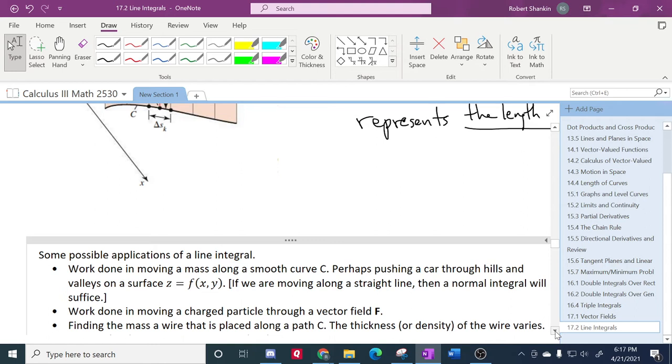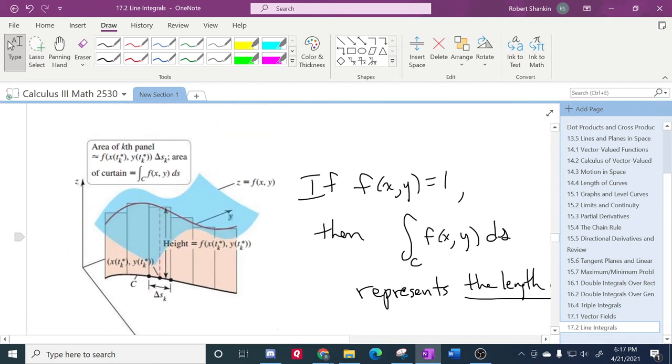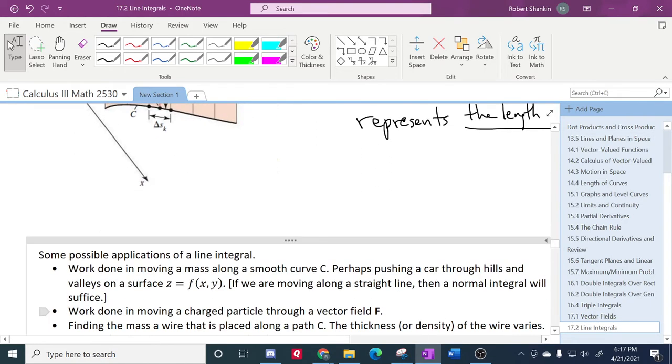Very similar to what we looked at in the first example. So now this one is a different kind of line integral through a vector field. We're doing line integrals under surfaces today. But it's related, it's a natural extension to just put it in a vector field instead of under a surface.